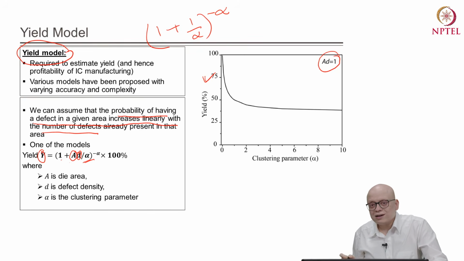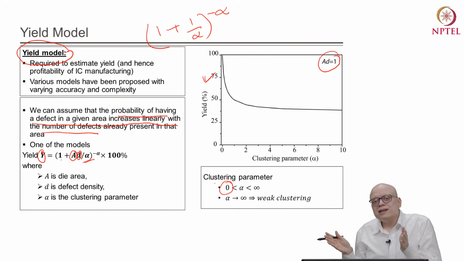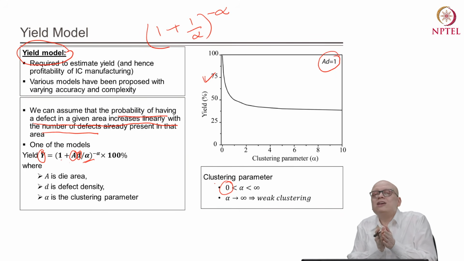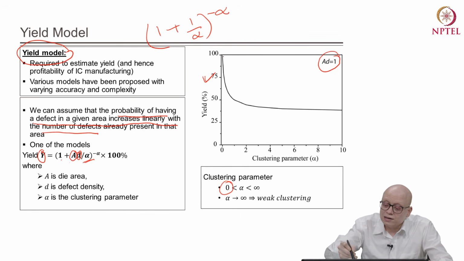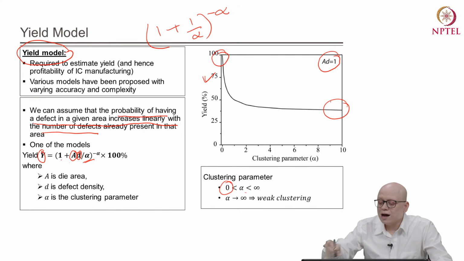Whenever the clustering parameter alpha has a low value, it means that the defects get clustered in a very narrow region, and as a result very few dies are impacted, and the yield is very high. And if it is distributed all over the area, meaning that alpha is very large, then there is a high yield loss.